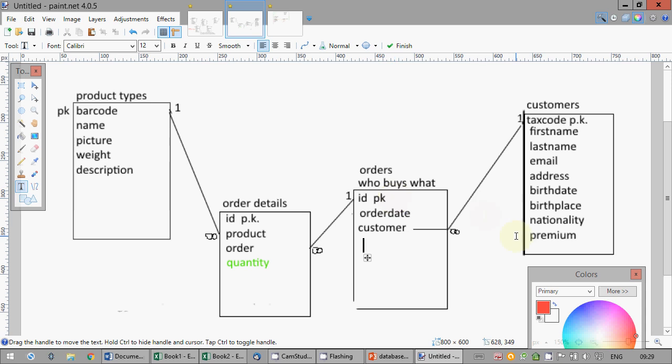A final example, which is the most illogical, is to put the price here. Well, it seems the most illogical, but there are examples in which it can work. So the price depends only on the customer. It doesn't matter what the customer orders, or when the customer orders something. It depends only on who he is.